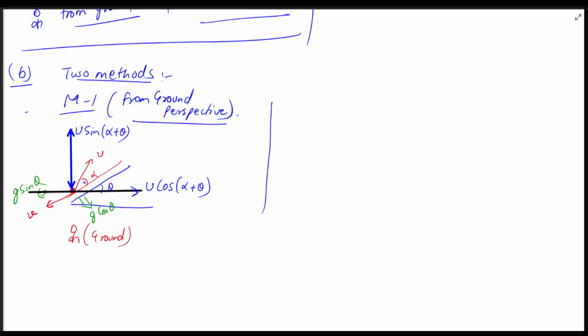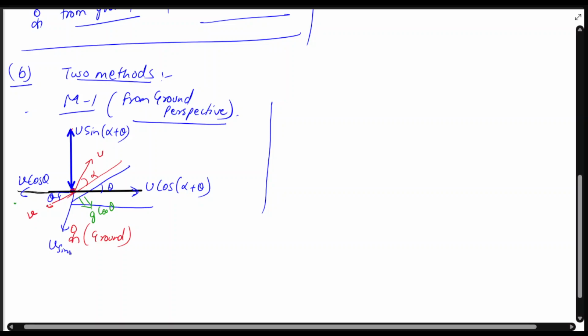Now v: this is horizontal and this is inclined, so this is angle theta. So here we will have v cos theta, and here we will have v sin theta.